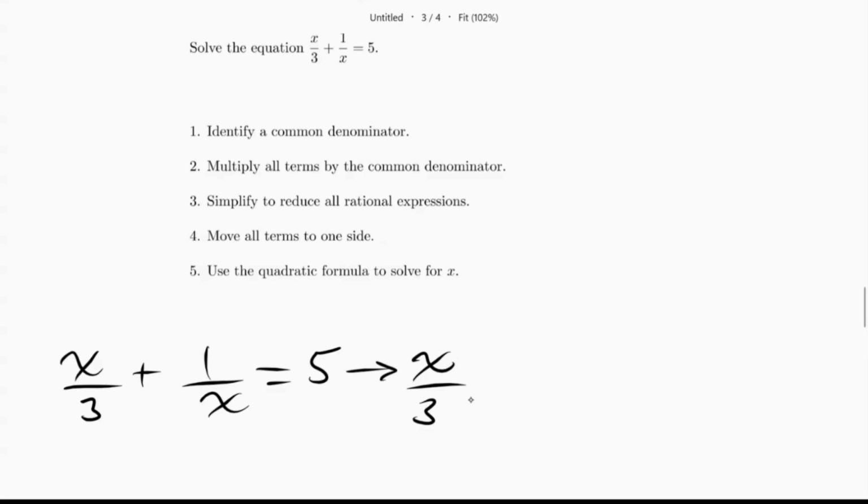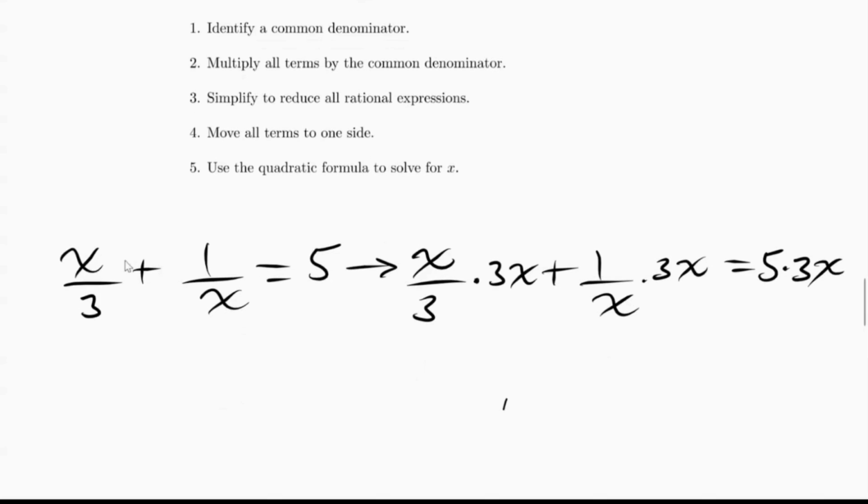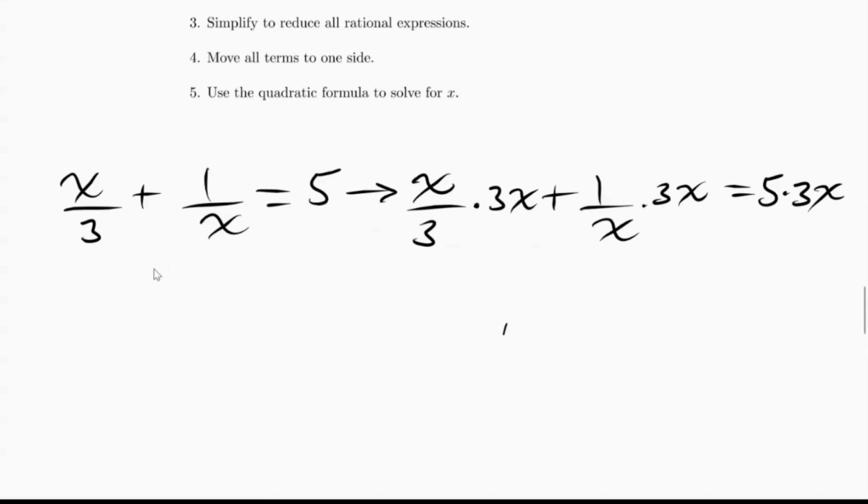When we do this, we get x over 3 multiplied by 3x plus 1 over x, also multiplied by 3x. And on the other side, we get a 5 multiplied by 3x. All right. So now we can go ahead and simplify this stuff and get rid of these pesky fractions.